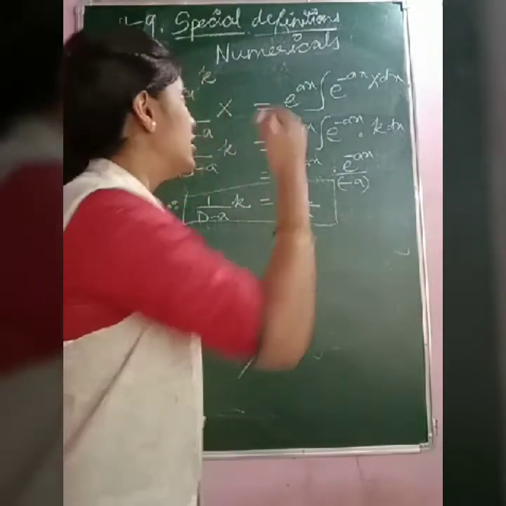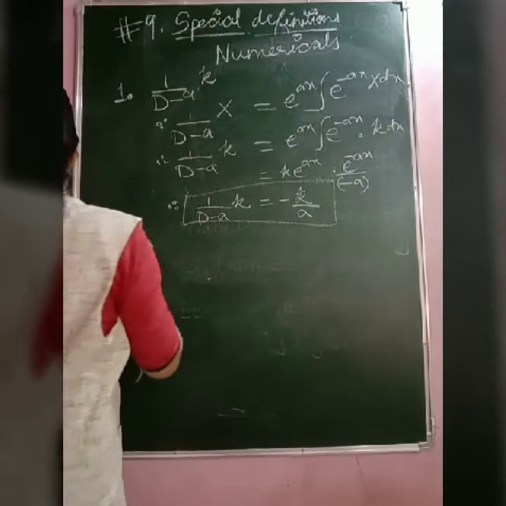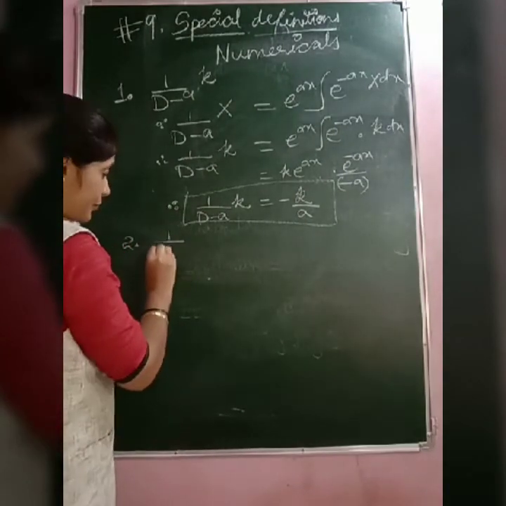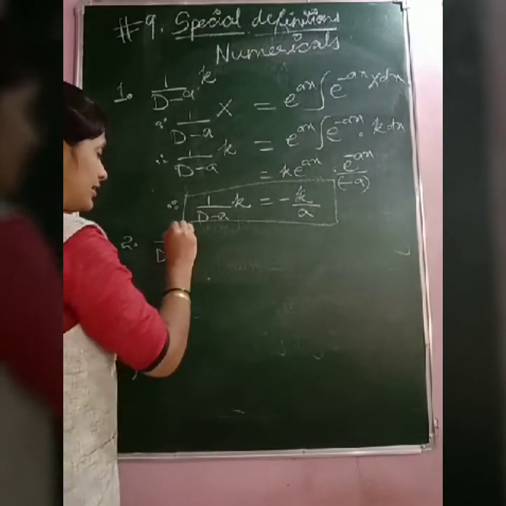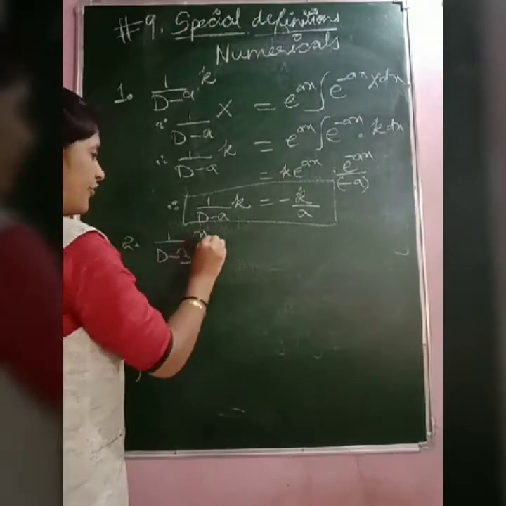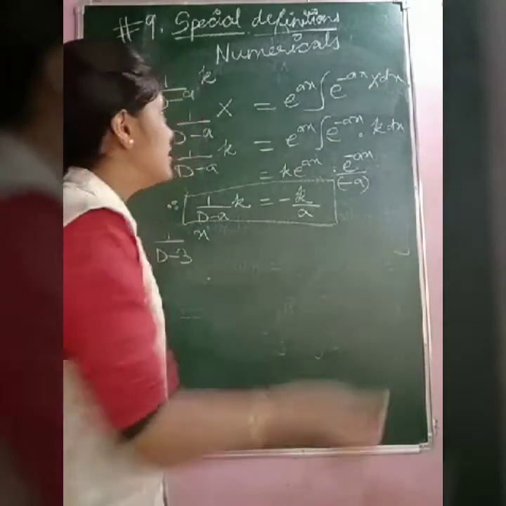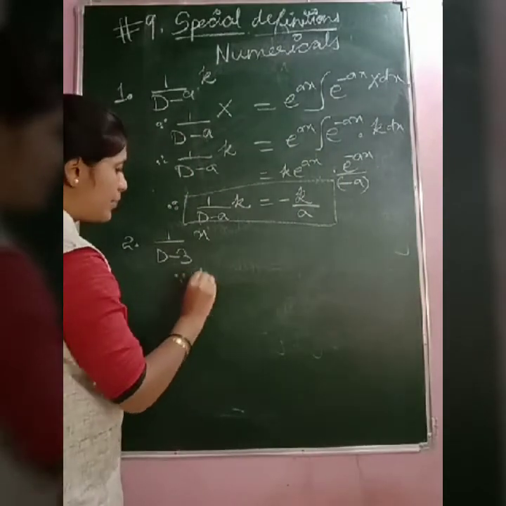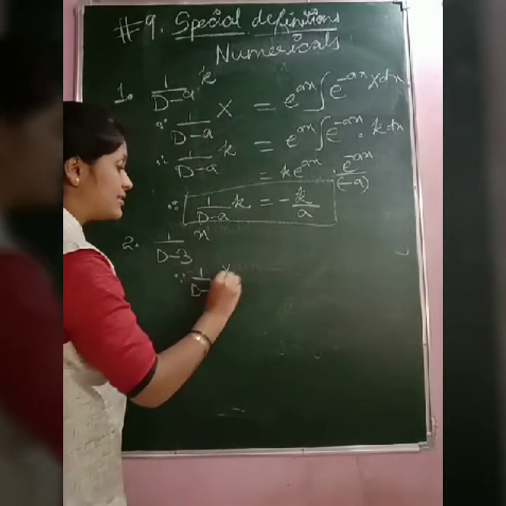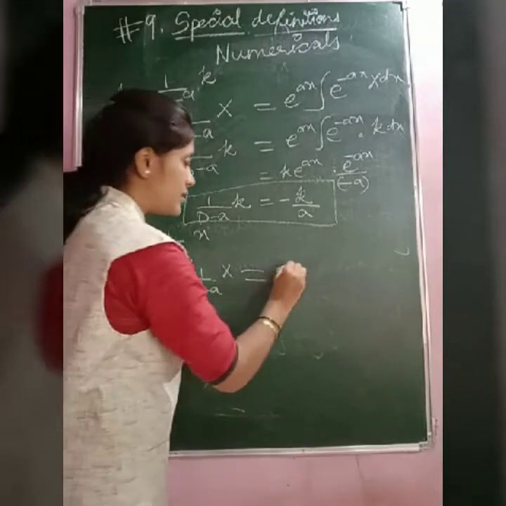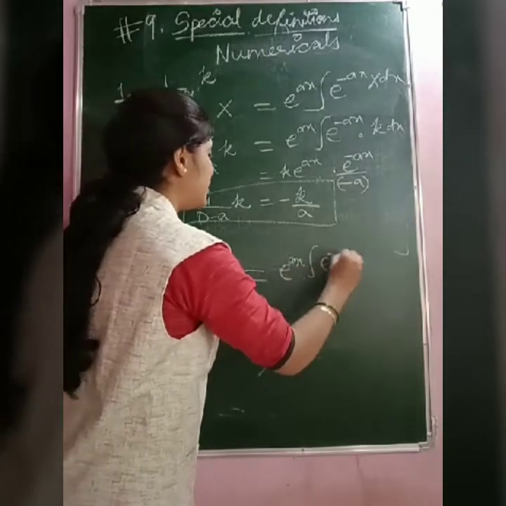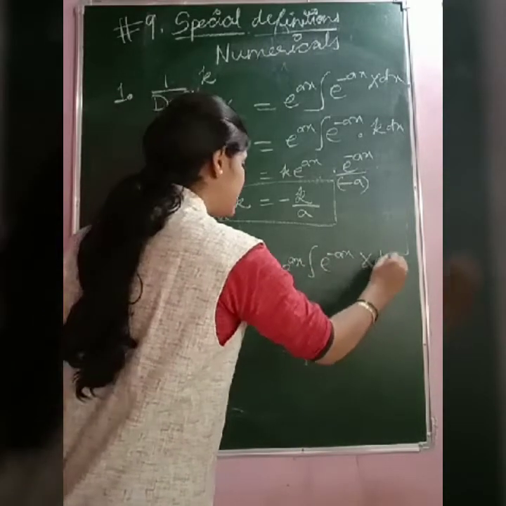Now let us solve the second one. The second one is given as, solve 1 by D minus 3 of x. Again same thing, since 1 by D minus a of X is e raised to ax, integration e raised to minus ax, X dx.